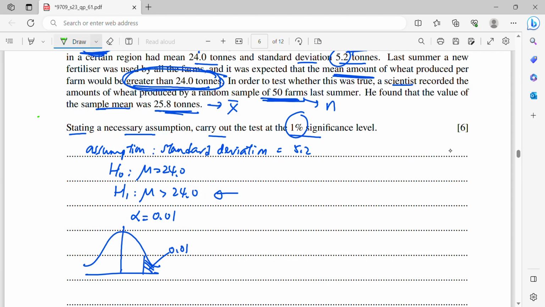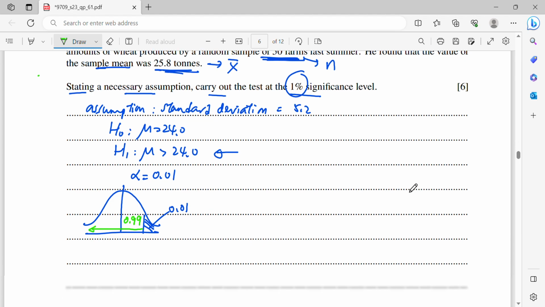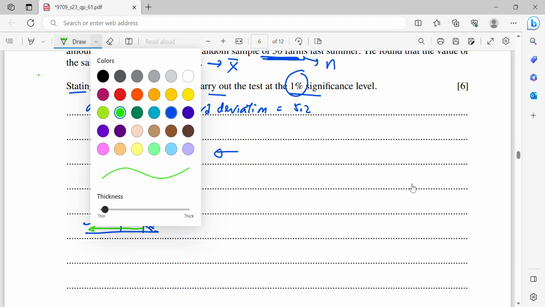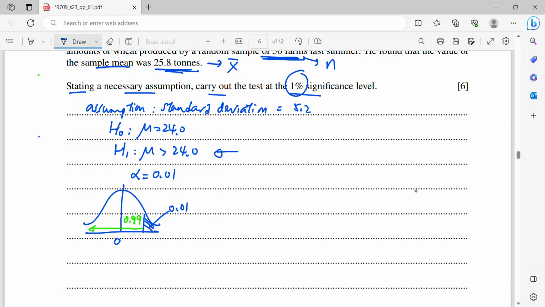But when you use the normal table, we need the region towards the left hand side. So we know that the area under the curve is 1. So since the right hand region is 0.01, the left hand region will be 0.99. Okay, so now you read this value from the table.